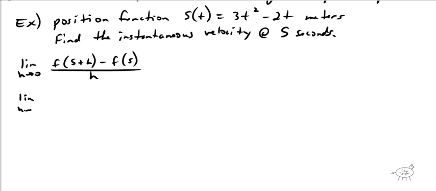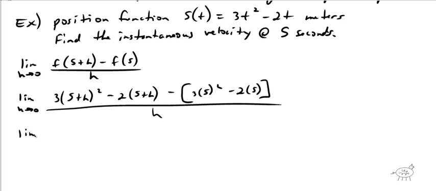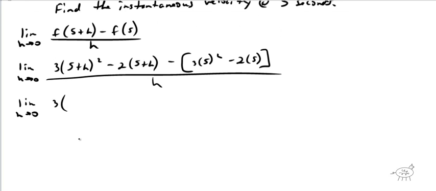Limit as h approaches 0, and we're going to just plug that into our 3t squared. So 3 times (5 plus h) squared minus 2 times (5 plus h) minus bracket 3 times 5 squared minus 2 times 5, all over h. So limit as h approaches 0. Again, I've got to show some work here a little bit.